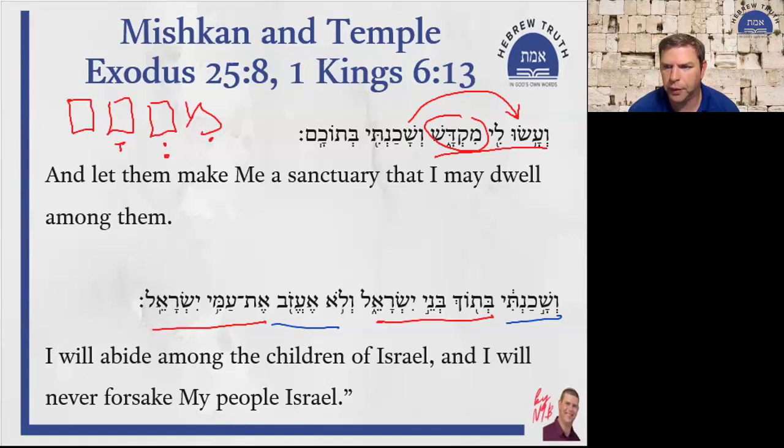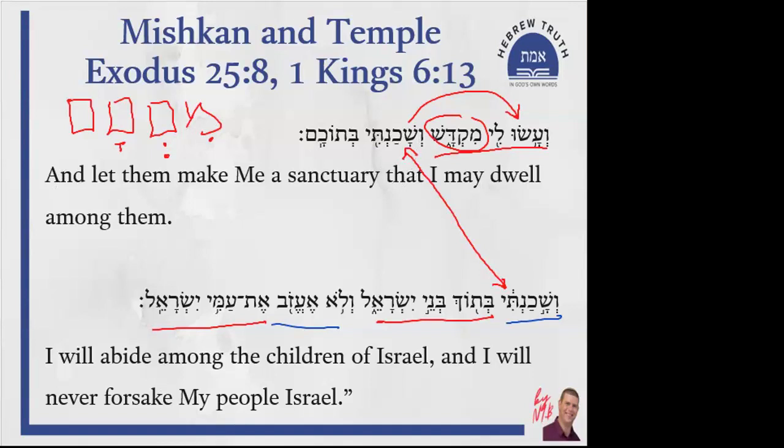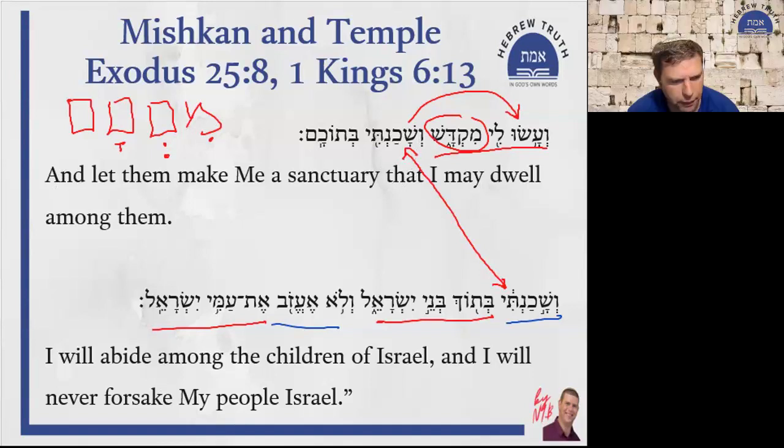Right. So what is the purpose of both the Mishkan and the Mikdash? I already kind of answered my next question. What is the purpose of the tabernacle and the temple? Place for God to dwell. Right. Okay. So basically, to serve as a dwelling place.